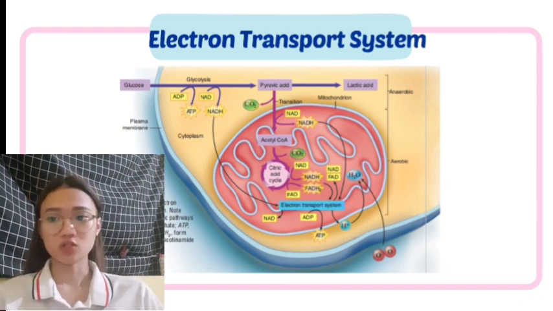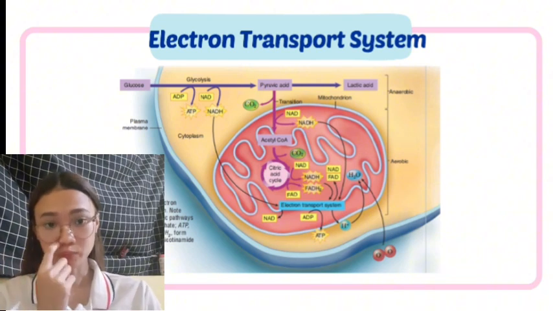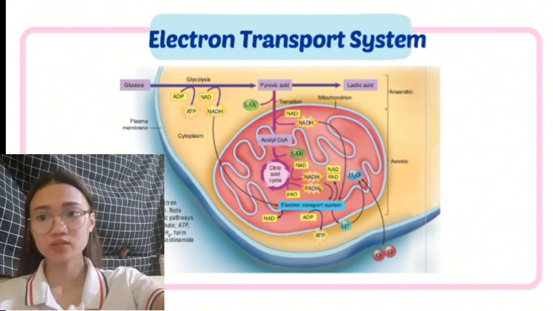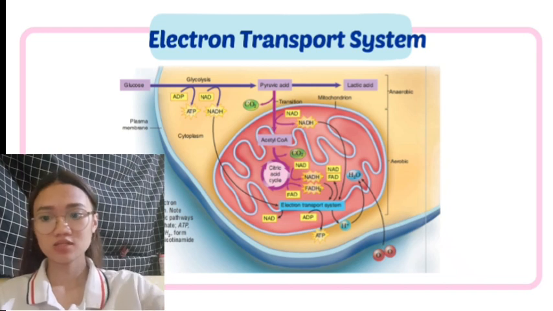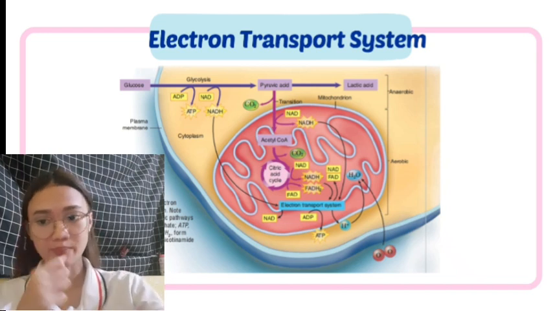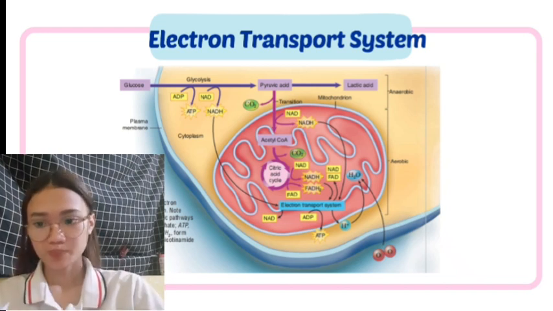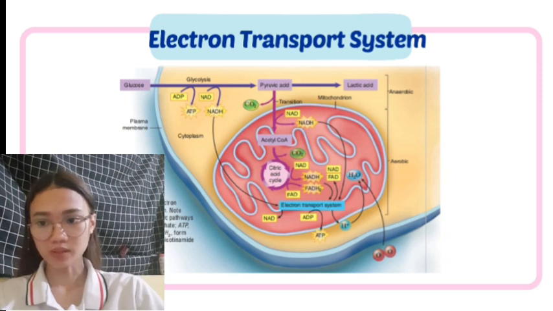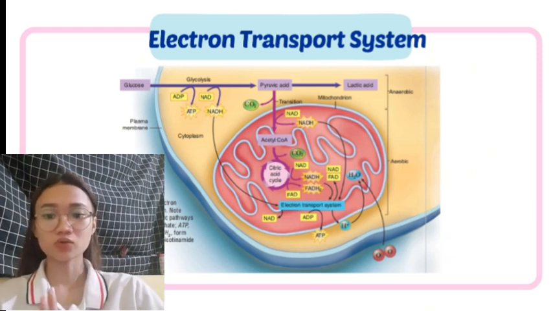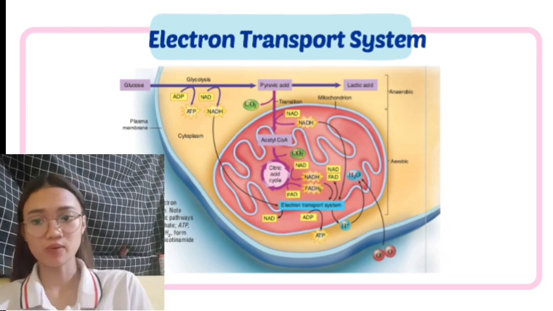So, how does it work? Electrons move through the proteins. Once na mag-move si electron papunta sa protein, si protons is lalabas naman yan or magpa-pump out. Once na mag-pump out si protons, yung protons is magpo-flow back.